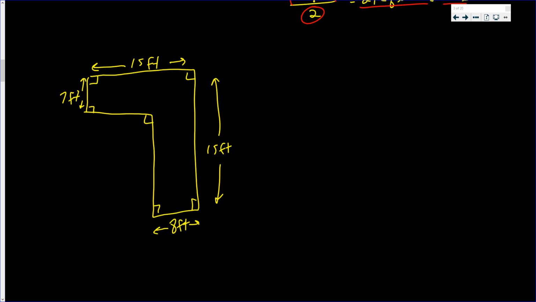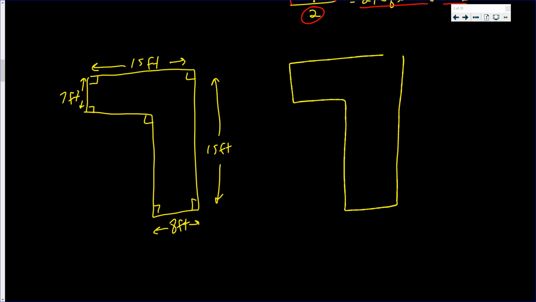Now, we only know how to find areas of rectangles. So, I'm going to draw this again because there are 2 ways of doing this. To the best of my ability, they're exactly the same. 15 feet, 15 feet, 8 feet, 7 feet.